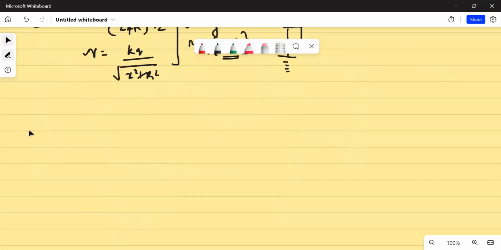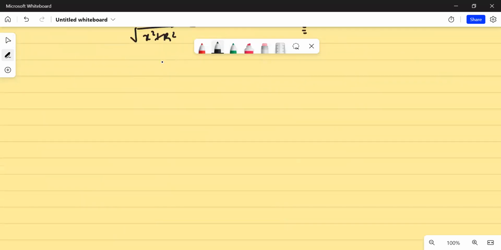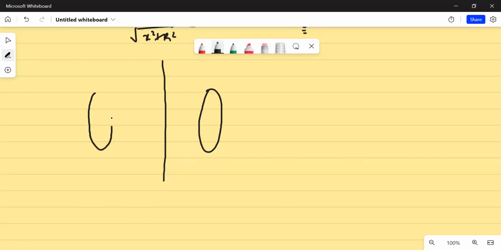And what one can do is, let us say this is your ring, and instead of this I'm going to make another image ring. This will contain charge q, this will contain minus q, and the first thing that I want to find is the induced surface charge density at exact point O, because this is what I know right now.